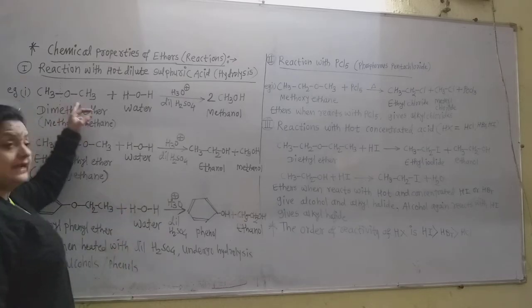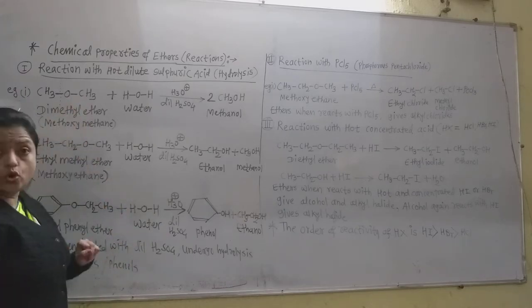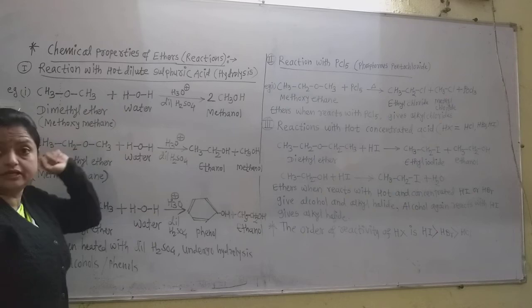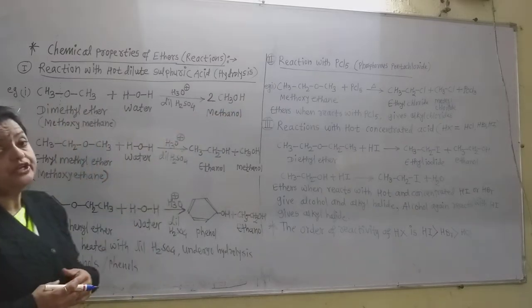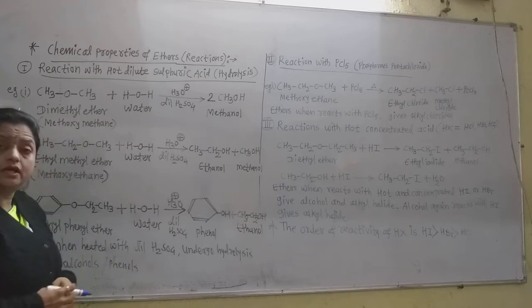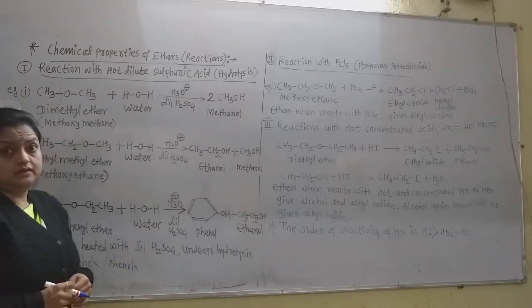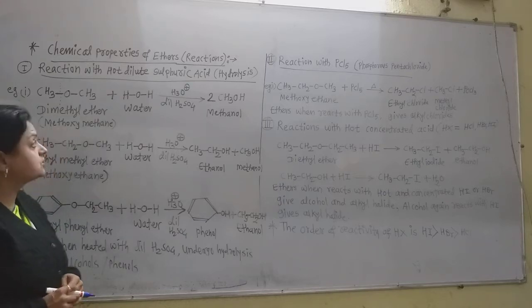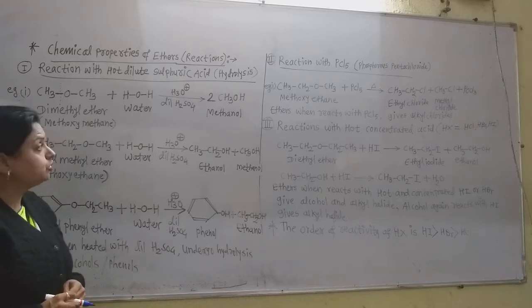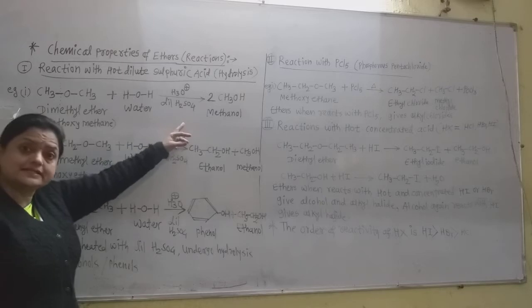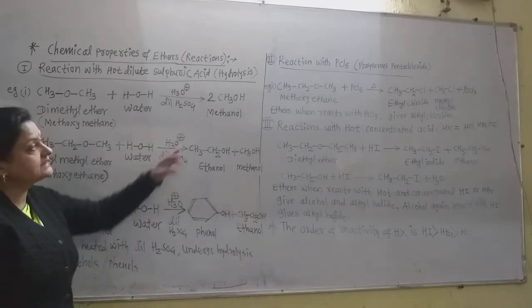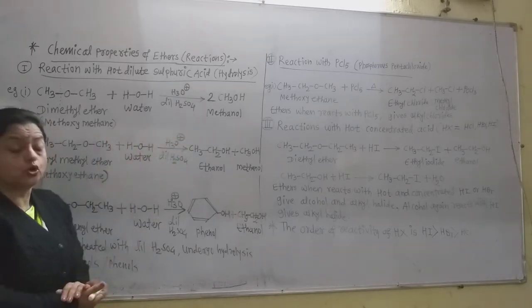Again, the remaining part CH3O reacts with this hydrogen and it also gives methyl alcohol. So when we use symmetrical ethers, that is simple ethers, we obtain the same alcohol, two molecules of the same alcohol. This is methanol or methyl alcohol.